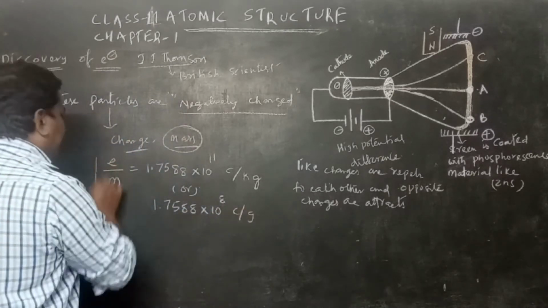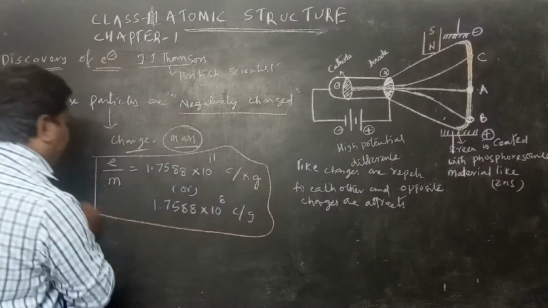This is the charge to mass ratio of an electron.